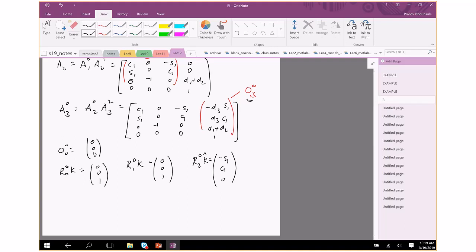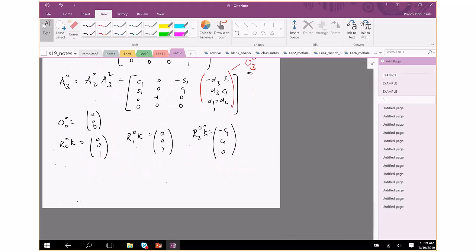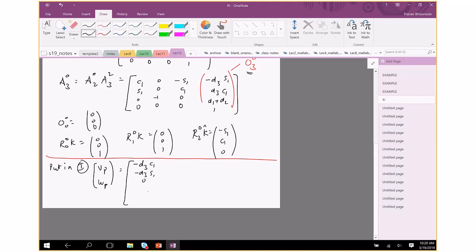Okay, so substituting in equation 1, we get Vp and omega p, and so this is going to be, after simplifying, minus d3 c1, minus d3 s1, 0, 0, 0, 1, 0, 0, 1, 0, 0, 1, sorry, 0 0 0. Is that right?